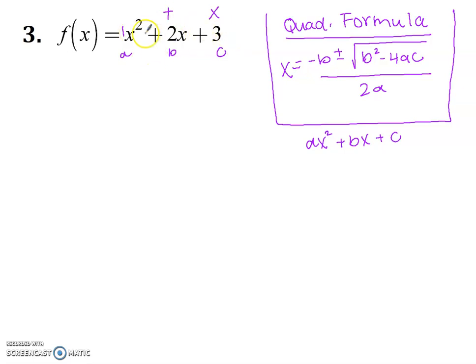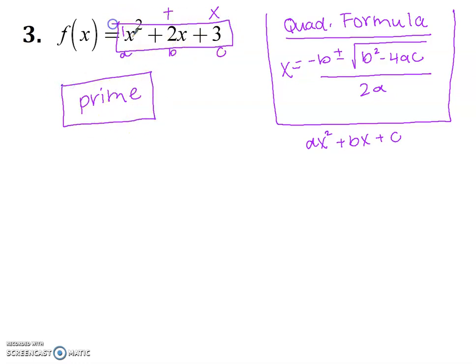Since this one doesn't factor, this is what we call prime. If I asked you to factor this, you can just put prime as your answer, or you could just box the original polynomial. That's the completely factored form.